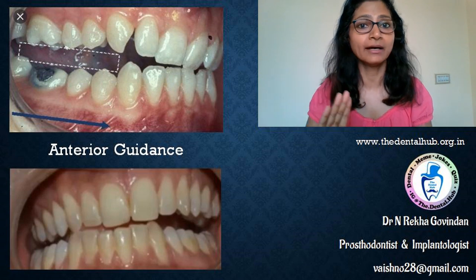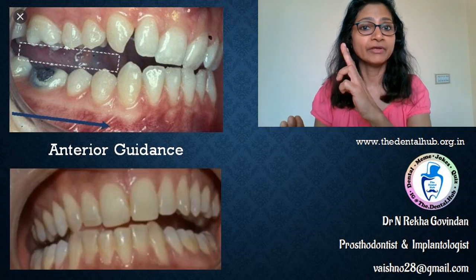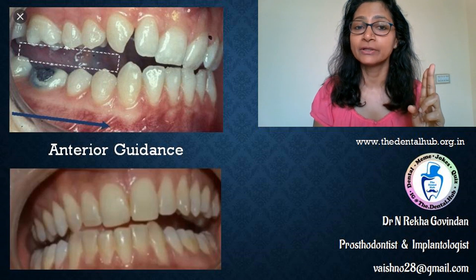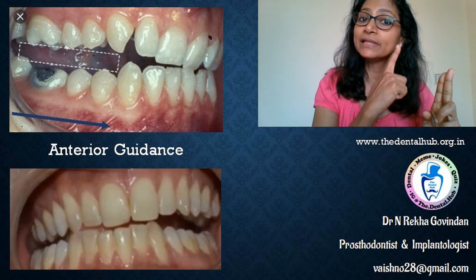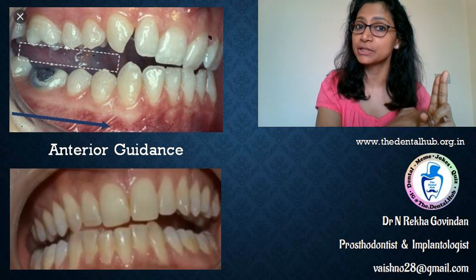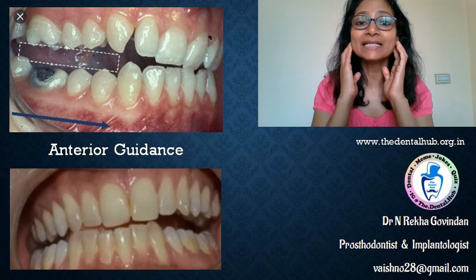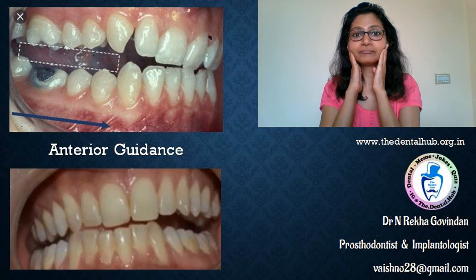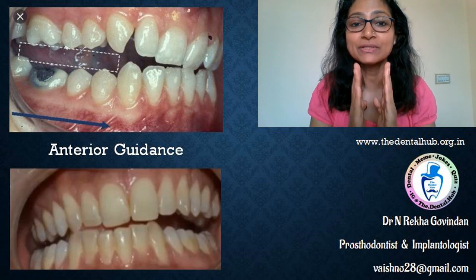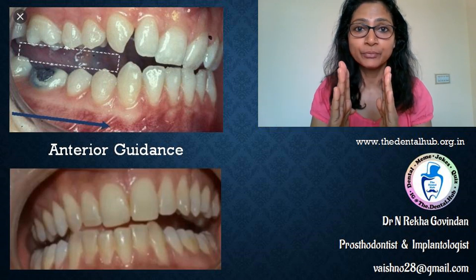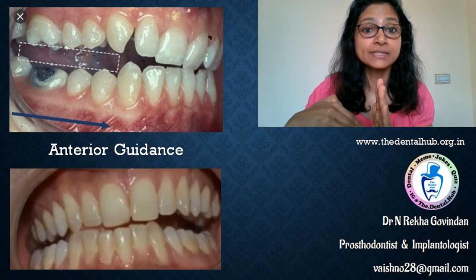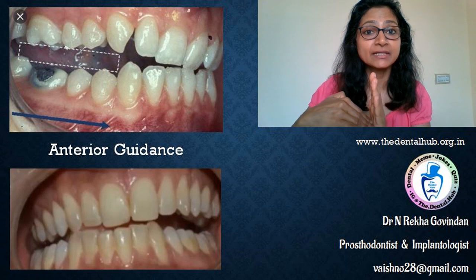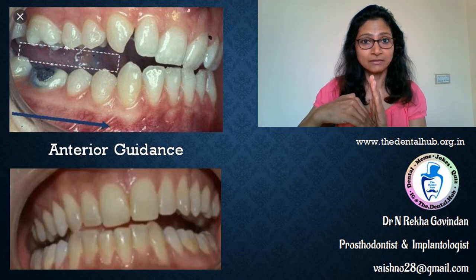All the other teeth are not in contact. When the mandible moves to the left, the left maxillary and mandibular canines are in contact. All the other teeth, anterior and posterior to it, are not in contact. So that is protecting the posterior teeth, because this lateral movement produces angled forces and the teeth are most susceptible or weakest under angled forces. Okay.